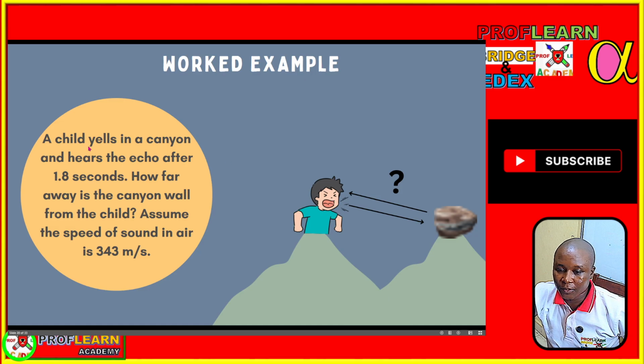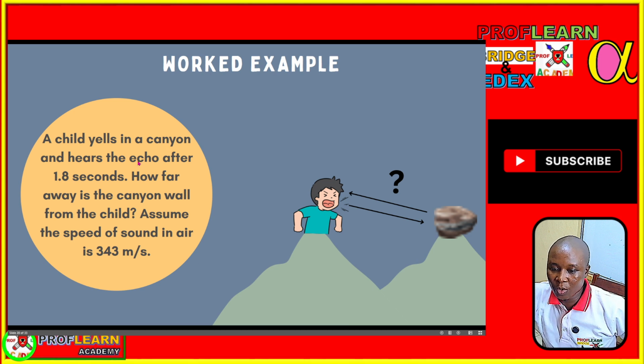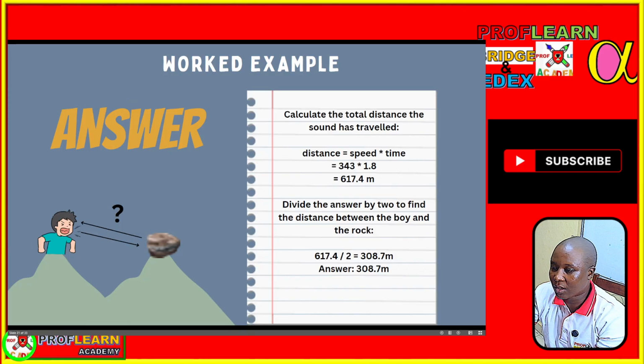A child yells at a canyon and hears the echo after 1.8 seconds. How far away is the canyon wall from the child? Assume the speed of sound in air is 343. We have said that speed of sound is equal to distance over time taken. So in order to work this out, we are going to calculate the total distance.